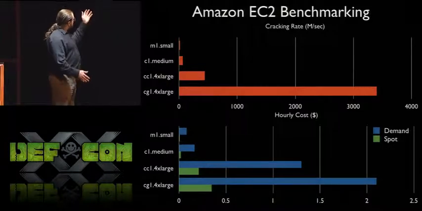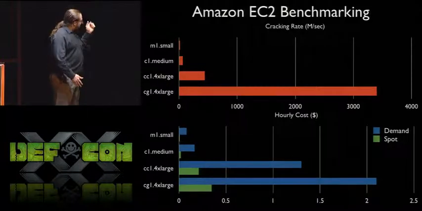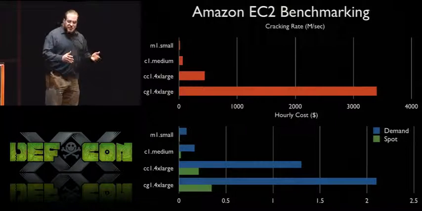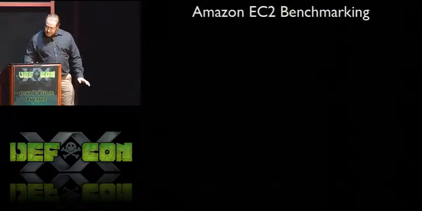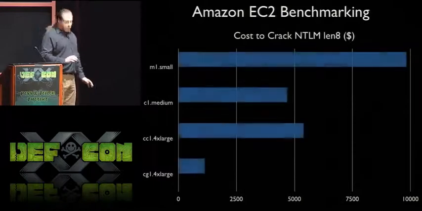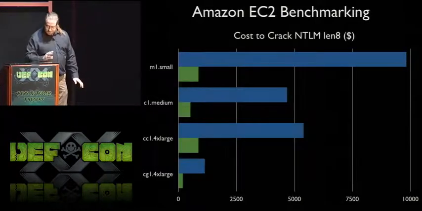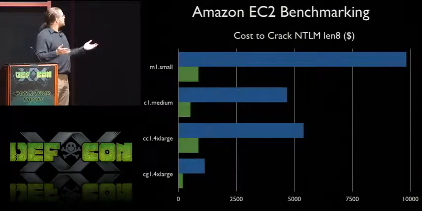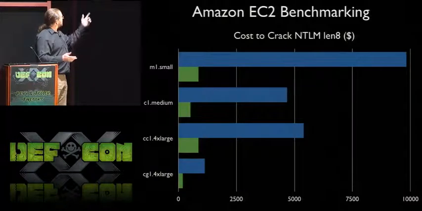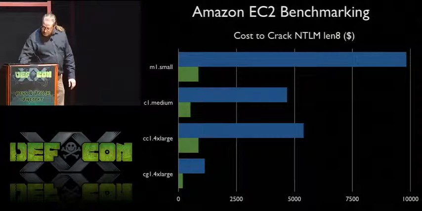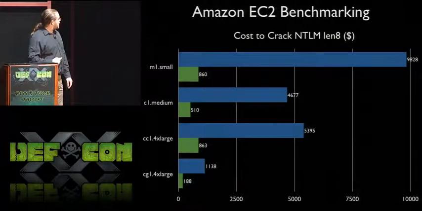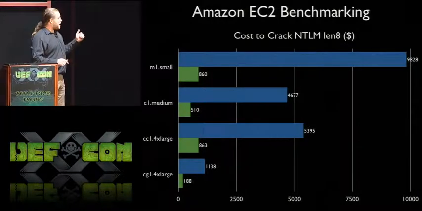So we've got the benchmark speeds, we've got the prices. Let's turn them into something that makes a little bit more sense for us. Let's turn it into dollars to crack NTLM length 8. Because the numbers are not showing, I'll just add the numbers.